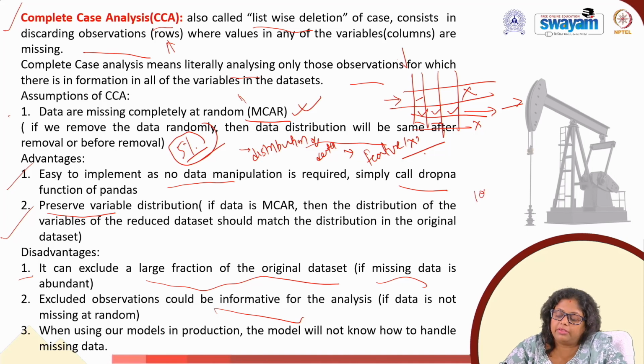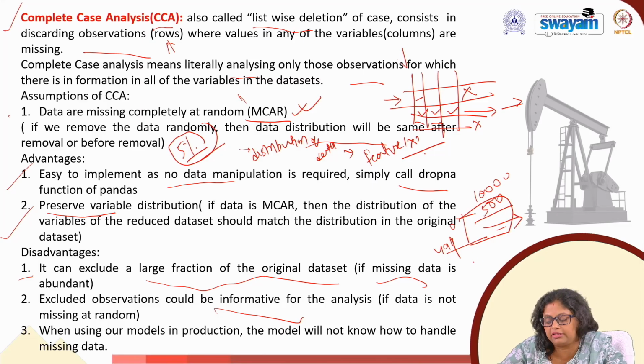So maybe assume we have 10,000 records. If 500 records, continuously from the 0th row to the 499th row, are missing and we just drop them, and a similar case at the bottom, where 500 records from 9,500 to 10,000 are missing.